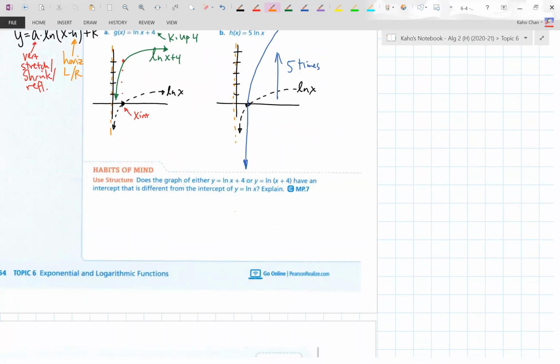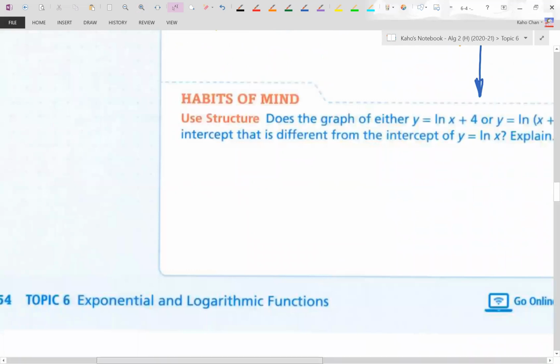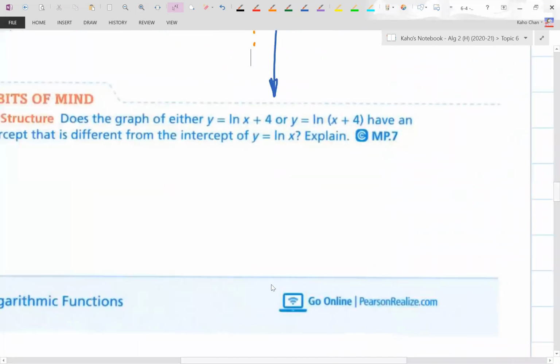Speaking of h's or k's, let's take a look at our habits of mind here. In the first equation, y equals ln x plus 4, that plus 4 is on the outside of the function, so that is definitely k. So that means it's up 4. The second function, the 4 is on the inside. You've got to think backwards.